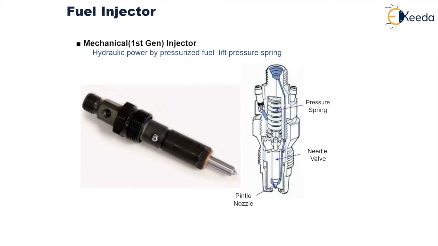This is an example of a fuel injector. A needle valve is present, at the end of which a nozzle, in this case a pintle nozzle, is attached, and a pressure relief spring is also supplied over here. This type is a hydraulically powered nozzle which lifts under the pressure of the fuel. This is basically a mechanical type of nozzle and it is considered to be the first generation of the injector nozzles.